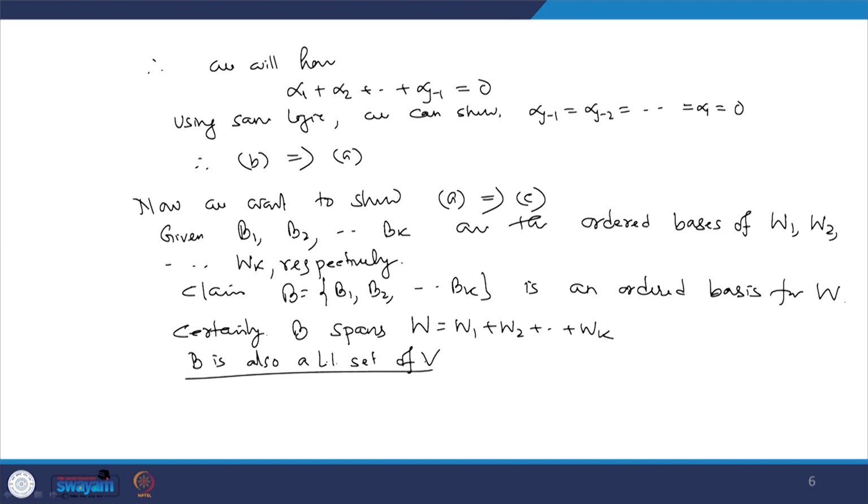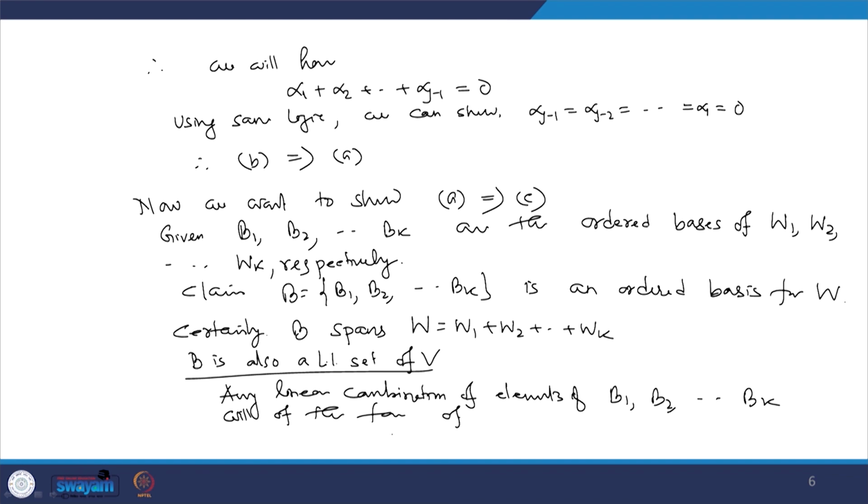Now, if I consider any linear combination of the elements of B1, B2, ... Bk, it will be of the form beta 1 plus beta 2 plus ... beta k, where beta I is a linear combination of basis elements Bi for the space Wi.